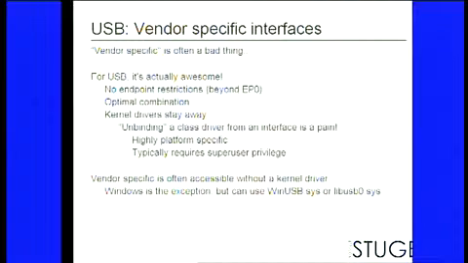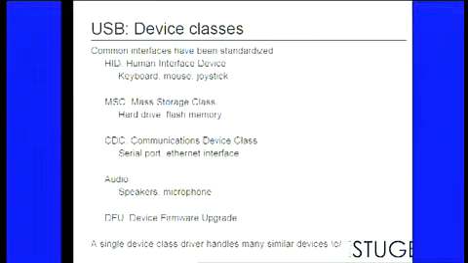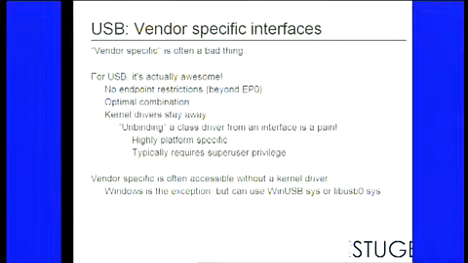All these device classes specify exactly which endpoints should be there and what they should do, what they should communicate, what their limitations are. Whereas with a vendor-specific interface, you're completely free to make whatever combination of endpoints you want that happens to fit your application.